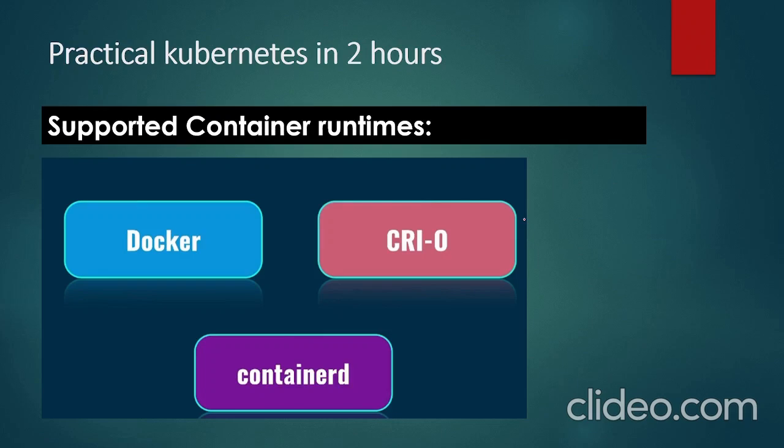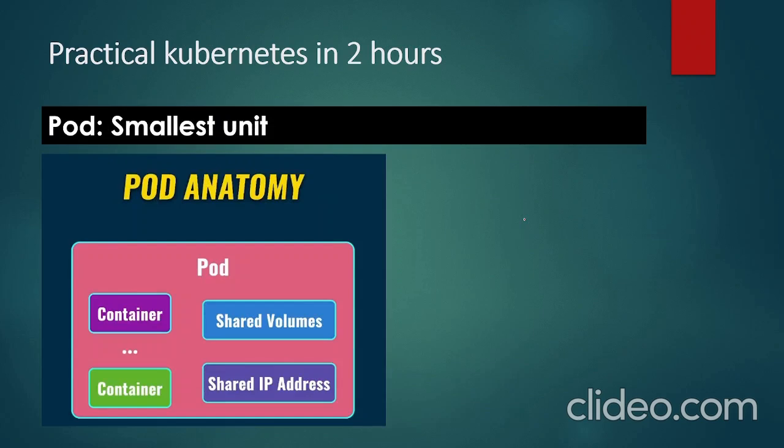So you can see that when we are trying to use the container runtimes, when we set up the minikube installation lab for us, we have used Docker as our runtime. These are certain examples of the runtimes if we are trying to create any kind of Kubernetes cluster.